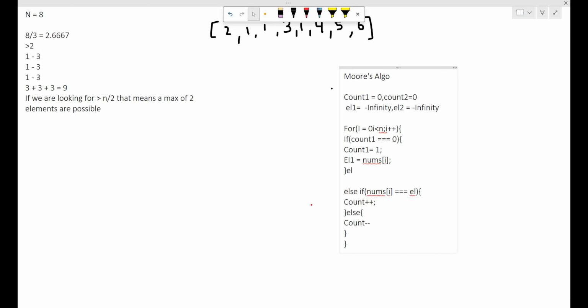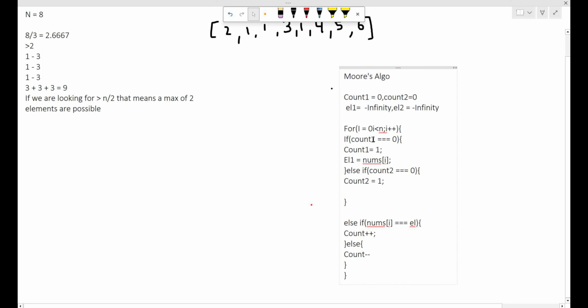And what we have to do is, again, for the count 2 also we have to write the same. If count 2 becomes 0, that means we have to increase the count 2 as 1, and we will maintain element 2 as nums of I, correct? This we have modified. Now, if this nums of I is equal to element 1, we will increase the count 1.